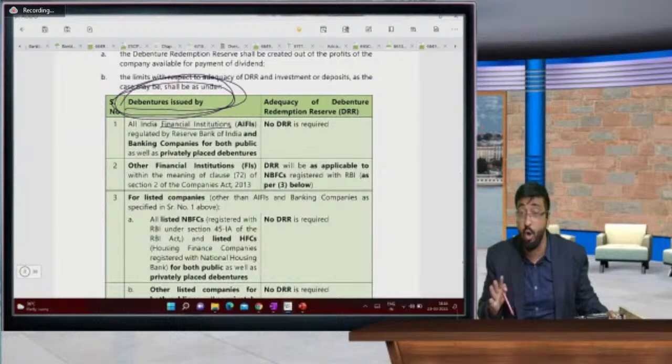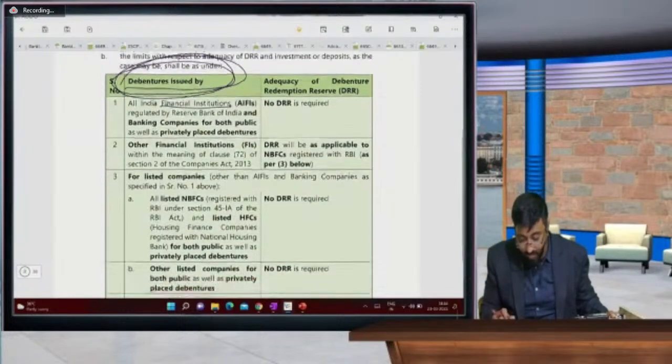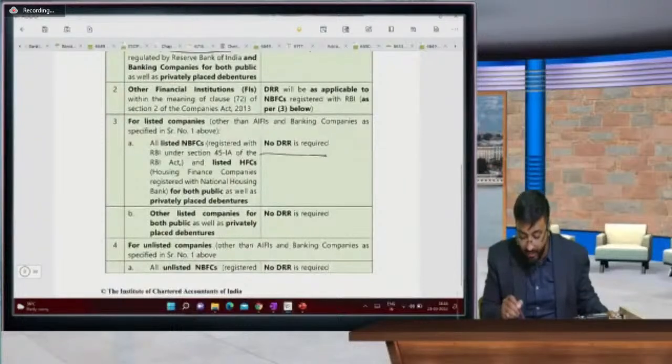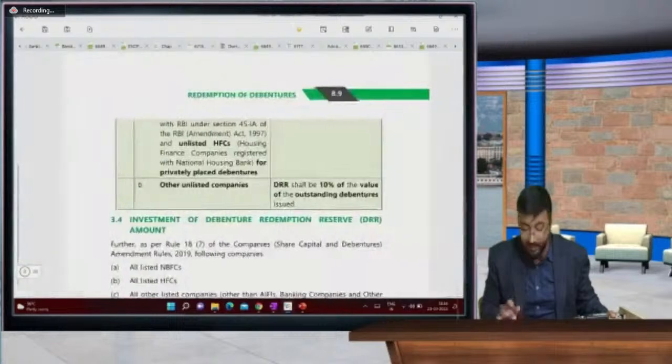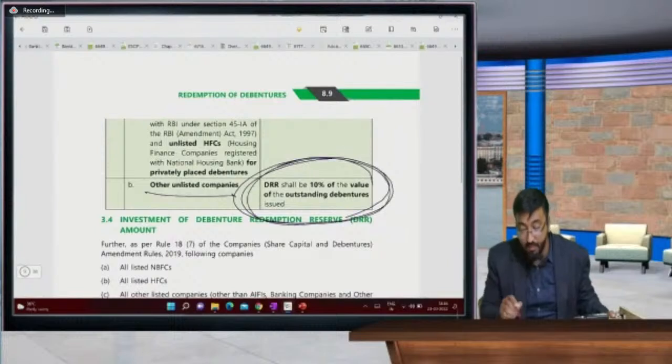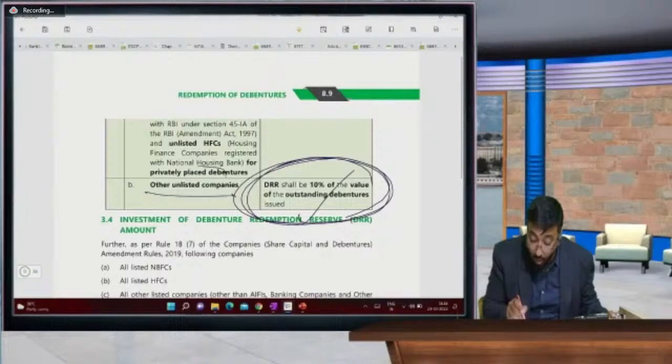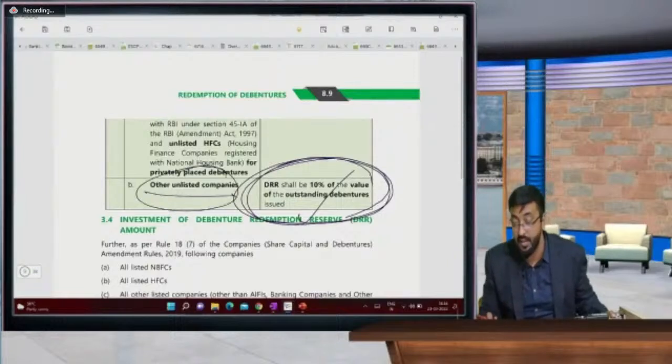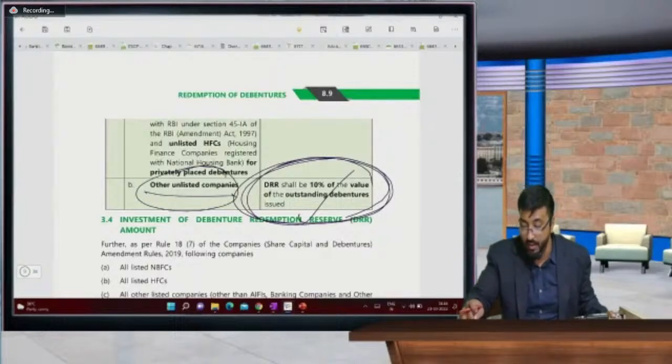No, they are not going to create DRR. Other financial institutions, listed companies: no DRR. Unlisted companies, when they are NBFCs, non-banking, and other unlisted companies, they have to create DRR of 10%. So in the exam, you may get a question which is always for an unlisted company. I will show you the chart.